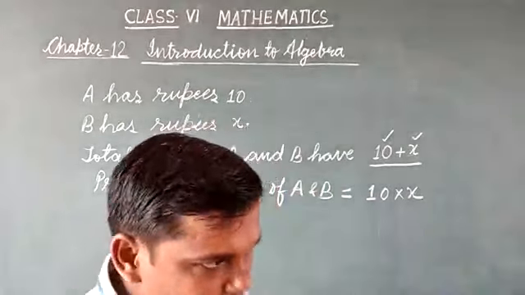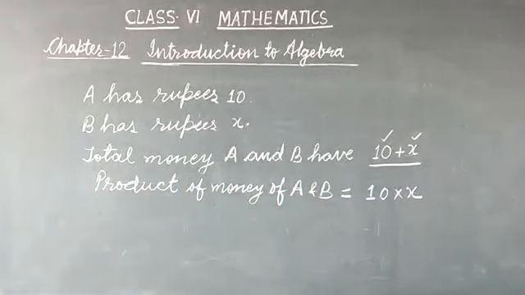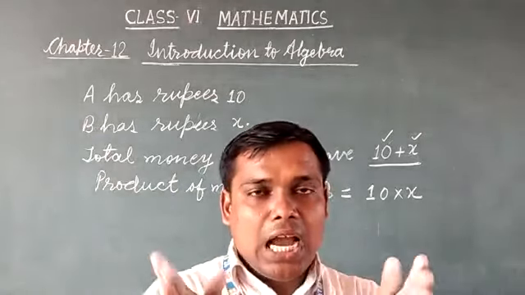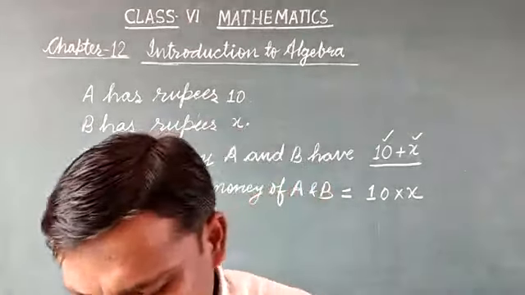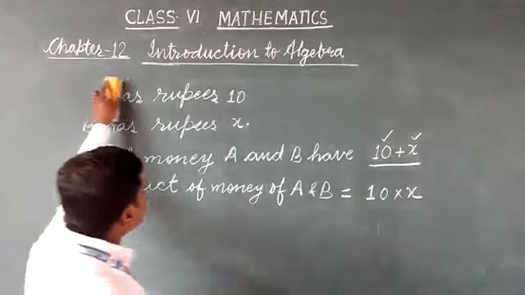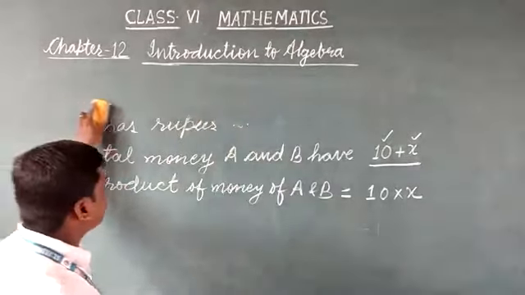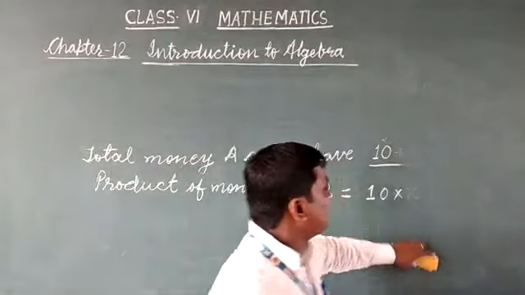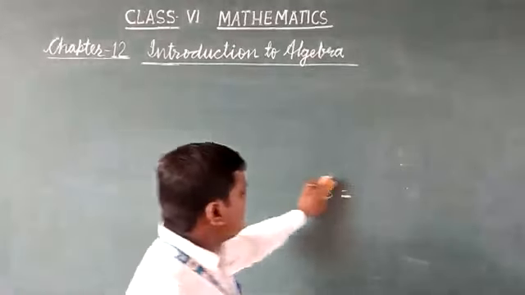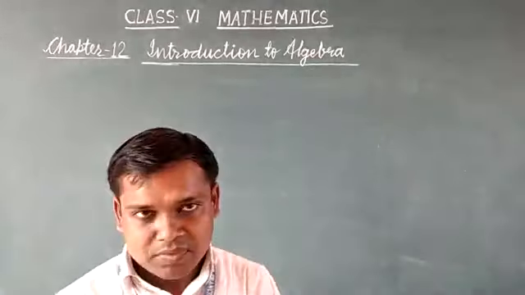Okay. Now next I am going to discuss with you numerical expression and numerical statement. Try to understand what is numerical expression and numerical statement. Now remember the simplification that you have studied.